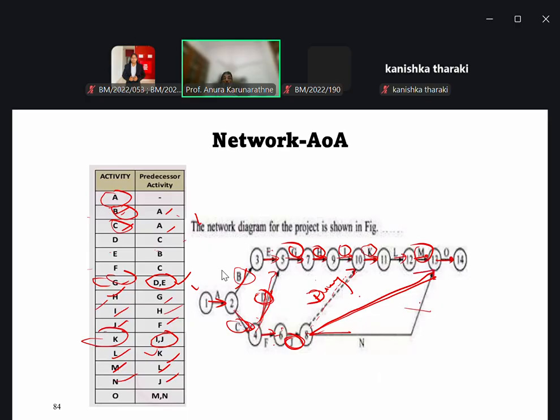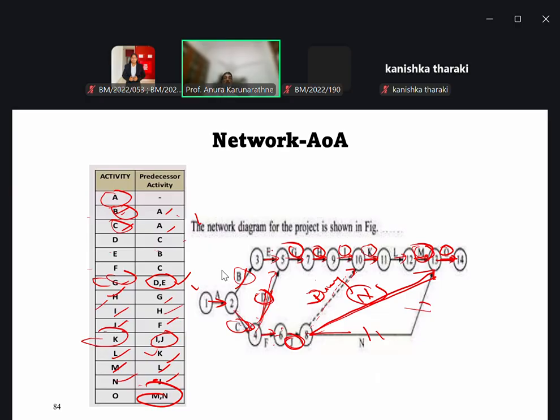No need to use it in this particular way. Then ultimately O after completing both M and N. N here, M here, then O. So in this way, we can draw the network.